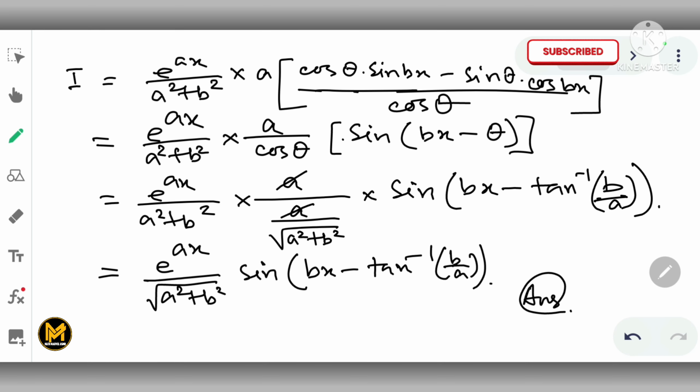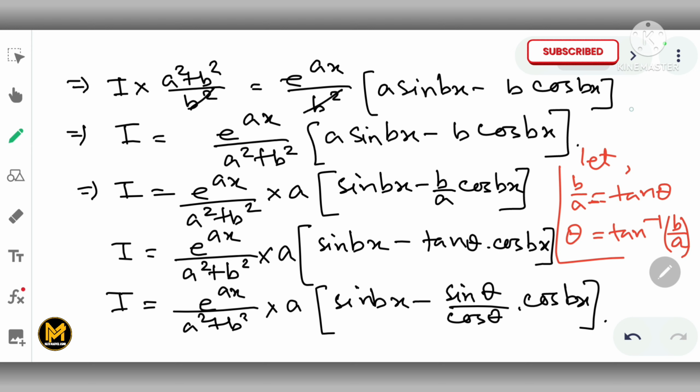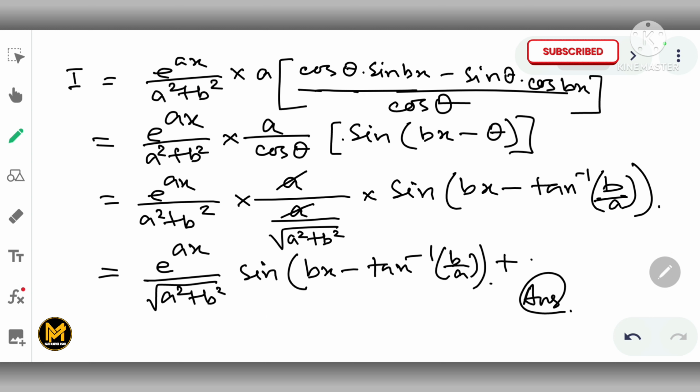And obviously in all of the previous formats there will be C. And here it is followed by C.